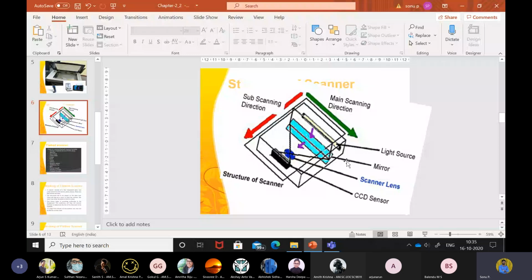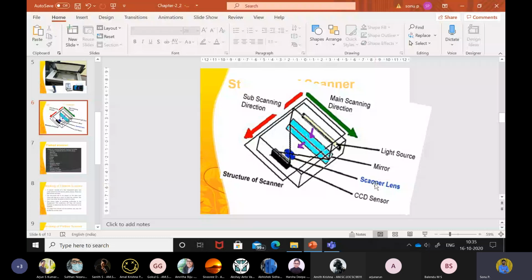They filter our light, and this filtered light is sent to the scanner lens, and the scanner lens proportionally takes the voltage. The light is measured by the CCD, and based on the intensity the CCD converts it into various voltage levels, and then it is fed to the ADC. That is the main thing.